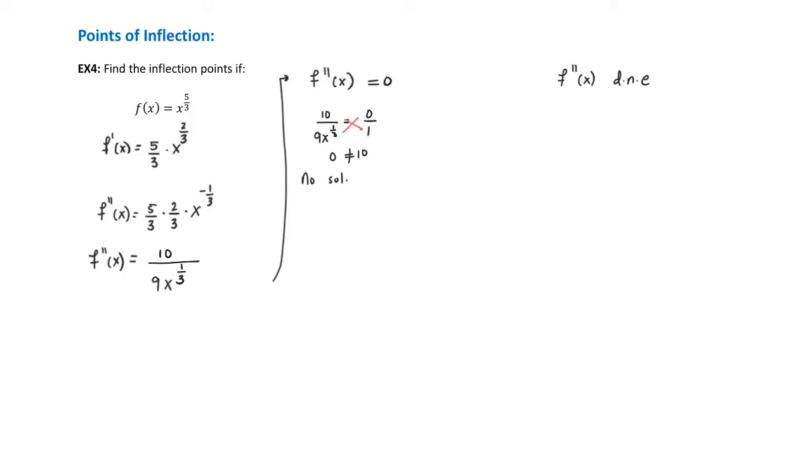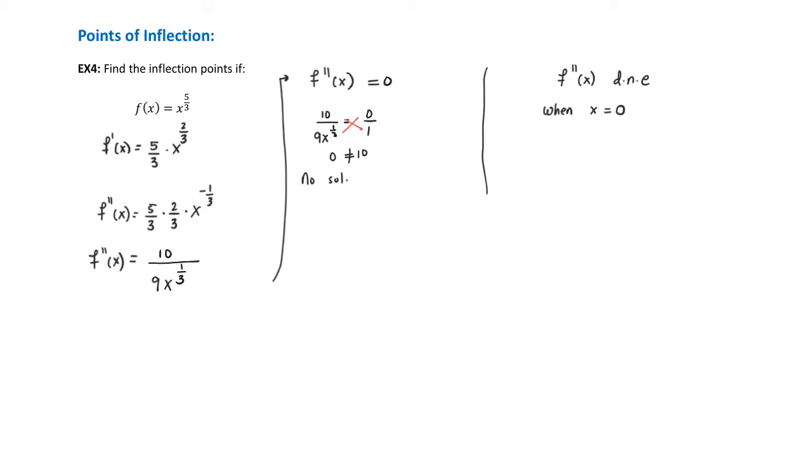So now let's go on to the other possibility. Can the second derivative be undefined? If we go back over here on the left and look at that denominator, we actually have a variable there. So if x is equal to 0, the second derivative will be undefined. So the second derivative does not exist exactly when x is equal to 0.